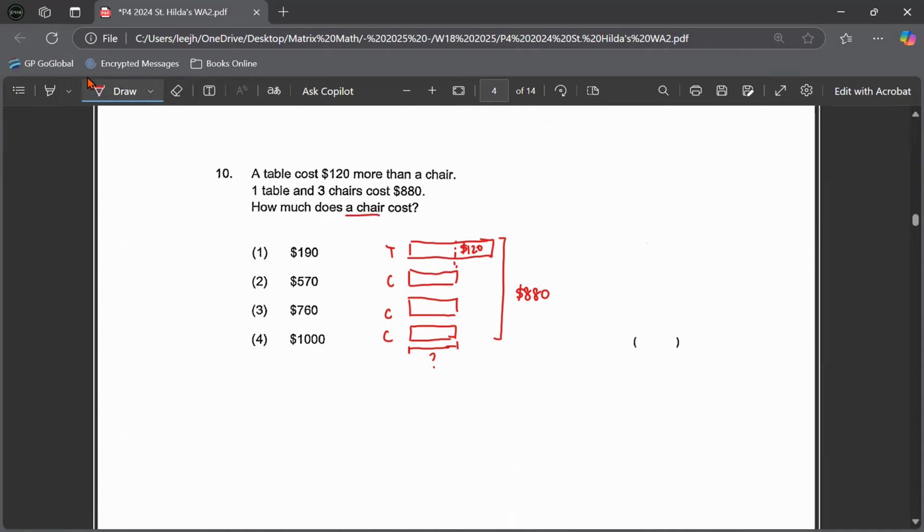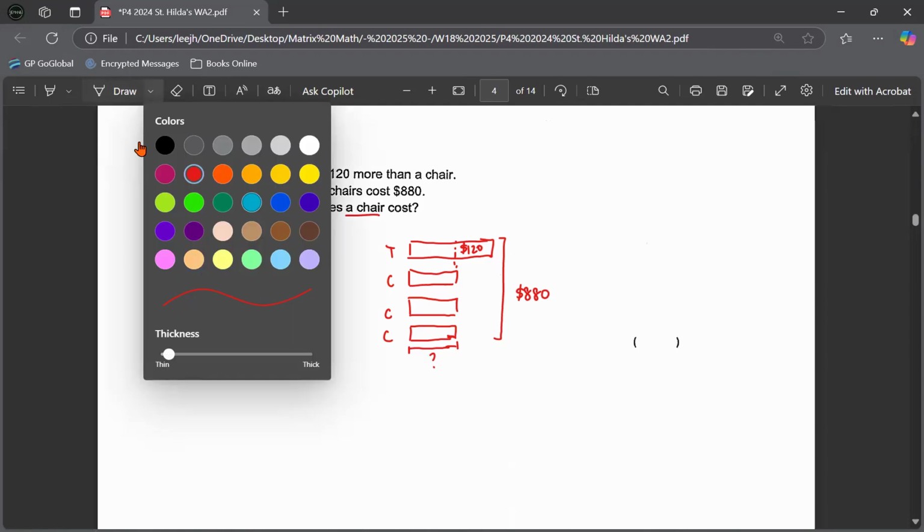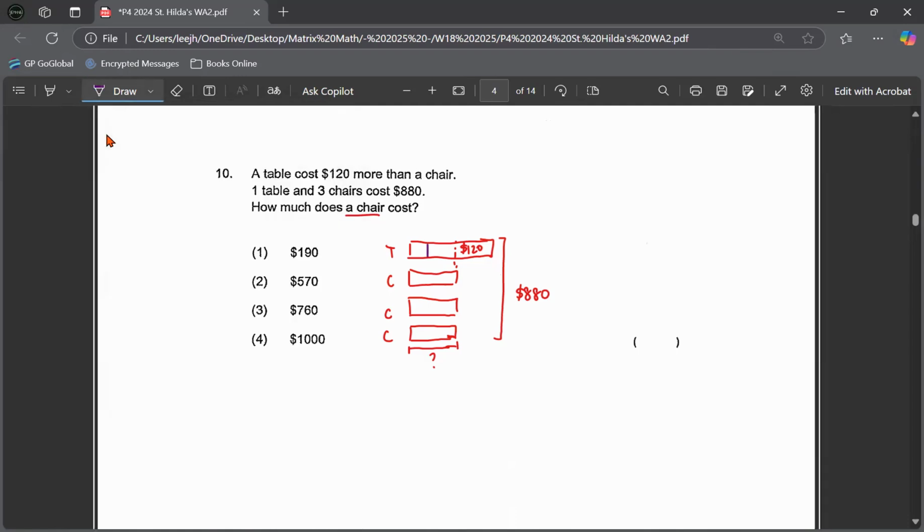Okay, all right. So what we can do is we are going to take away the difference, which is 120, and make all the units equal, like 1 unit, like that. So you have to take away this 120, right? So first step, 880 minus away 120, which is 760.